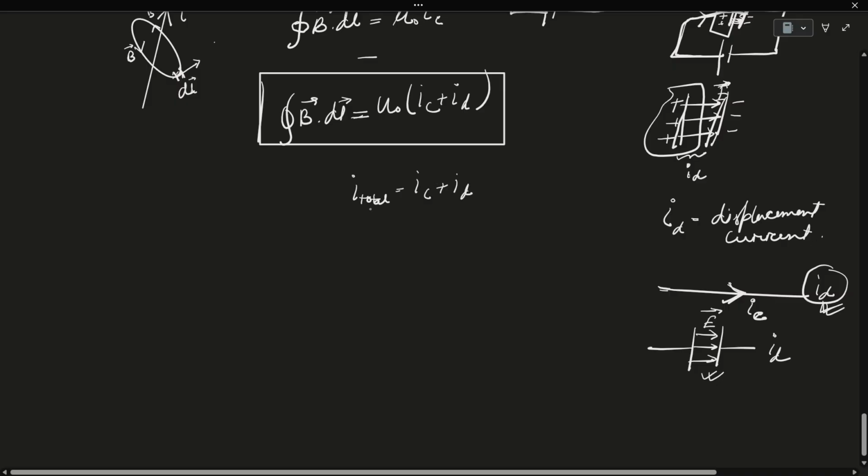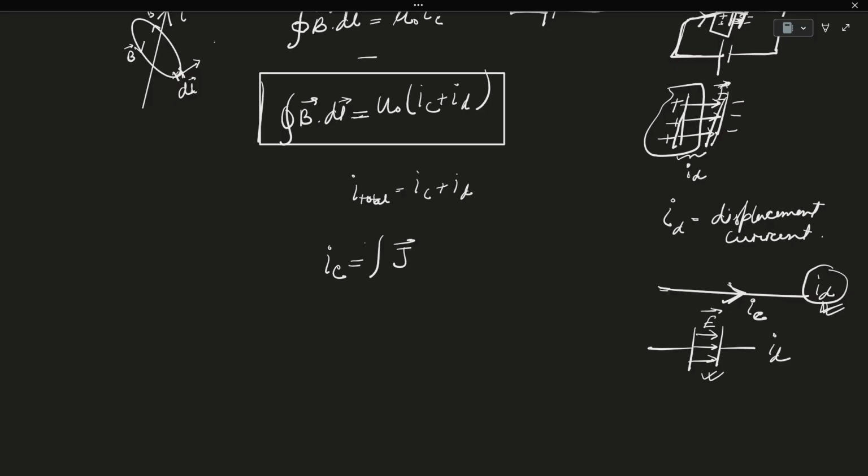Now for conduction current, I can write it as J, the surface current density, dot ds. This is a simple equation, I think you have understood.